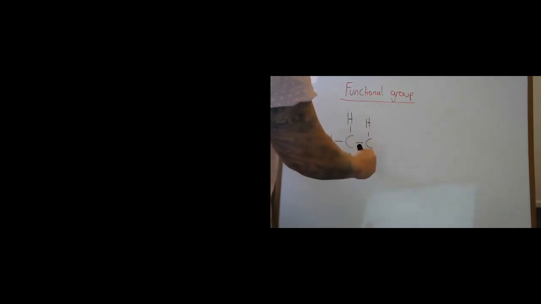So we have our hydrocarbon backbone. So alkane, well, the functional group for an alkane is actually the lack of a functional group. It just has single bonds between carbon and hydrogen.